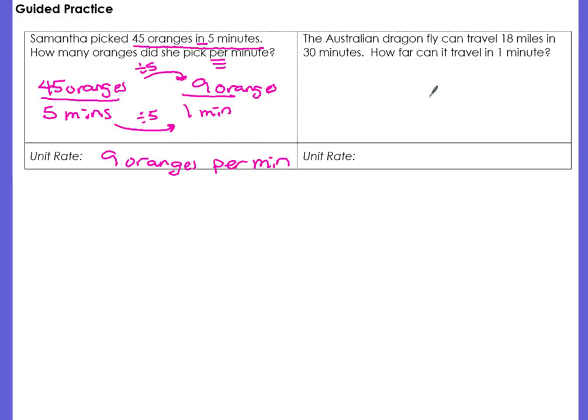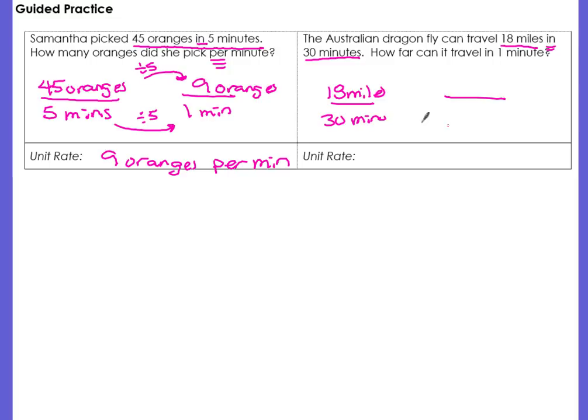The Australian dragonfly can travel 18 miles in 30 minutes. So this is our rate, 18 miles in 30 minutes. There's the time. So we know the time is going to go in the denominator. So 30 minutes. And it's 18 miles. That's the numerator. So how far can it travel in 1 minute?